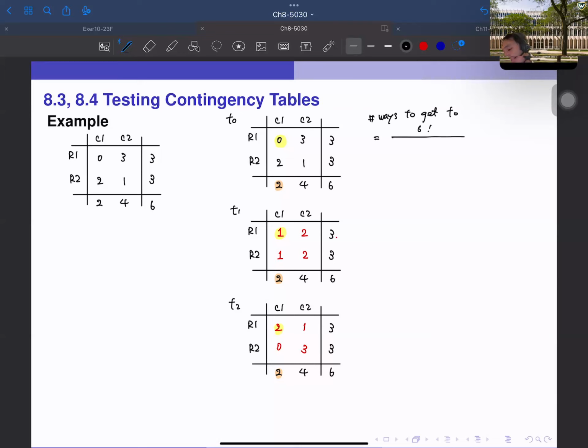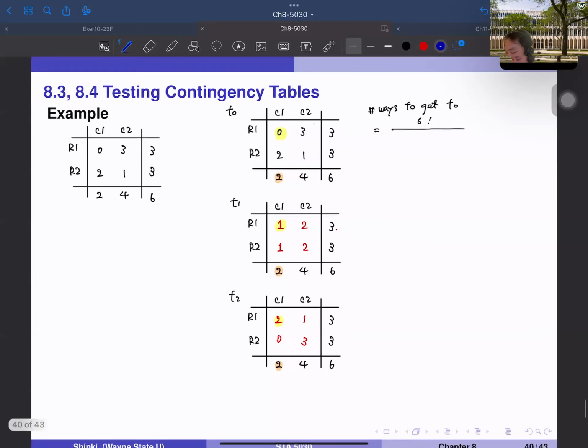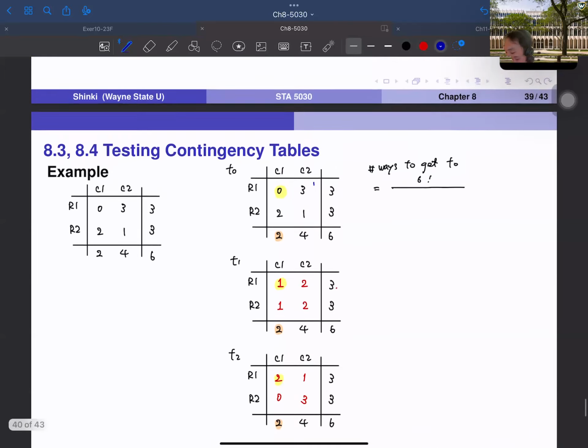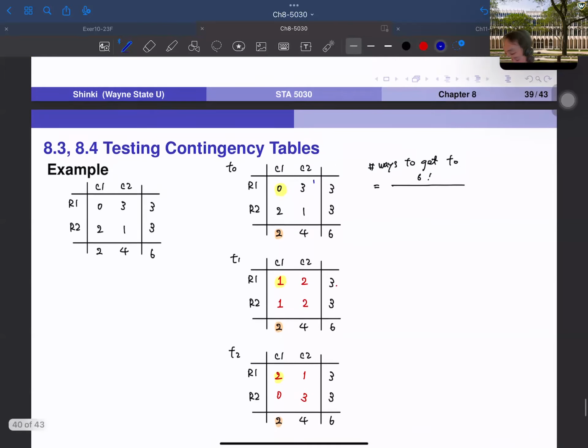We just number the elements, so the first observation has to be here, the second observation has to be here, the third, fourth, fifth and sixth have to be here or something. So then we have the 6 elements. For the first choice, we have 6 ways, second choice, we have 5 ways, and so on.